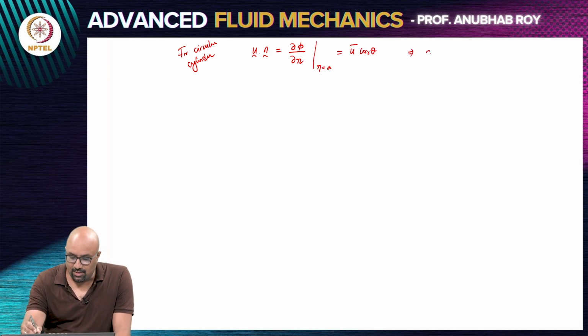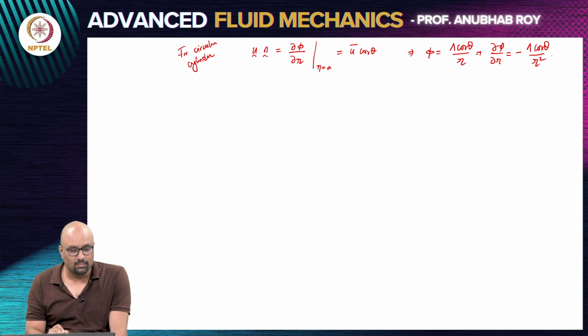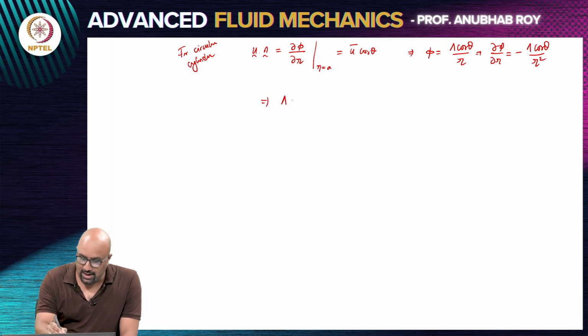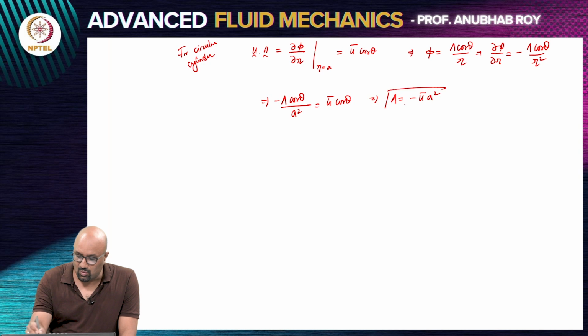So, what is phi? We have said phi is lambda cosine theta by r, which means dou phi dou r is minus lambda cosine theta by r square. Substitute, you will get minus lambda cosine theta by a square is u bar cosine theta, which means lambda is minus u bar a square.